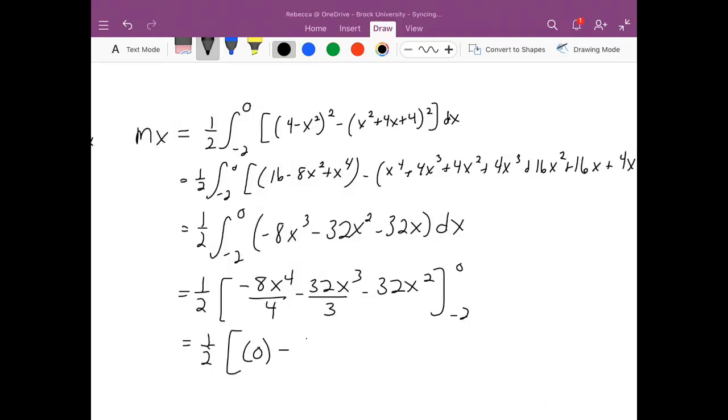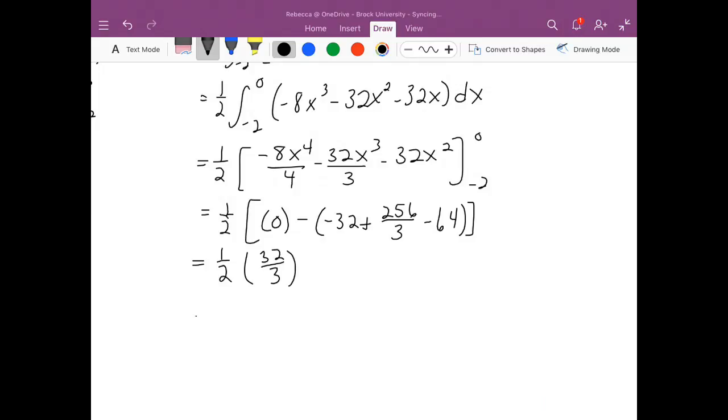The second term gives me negative 32 plus 256 over 3. Put that as a fraction, not as a decimal. You don't want to have to round too many times. It makes your answer inaccurate at the end. Keep everything in fractions. End up with that, which equals 16 over 3.